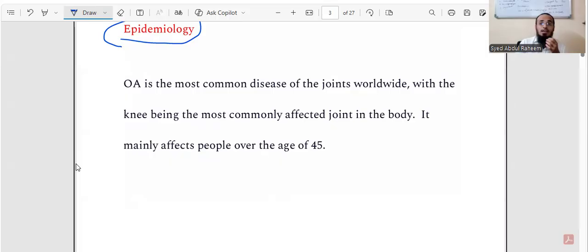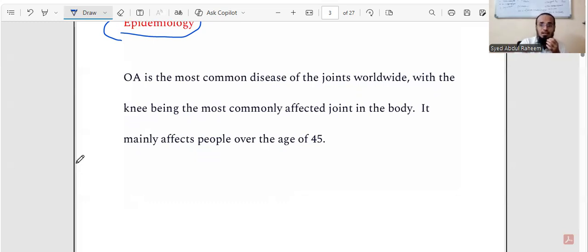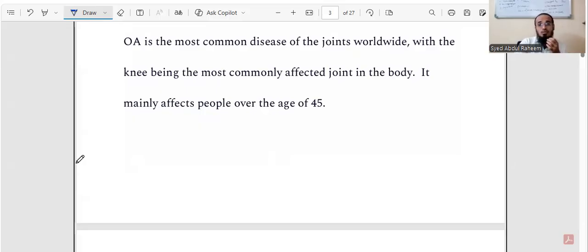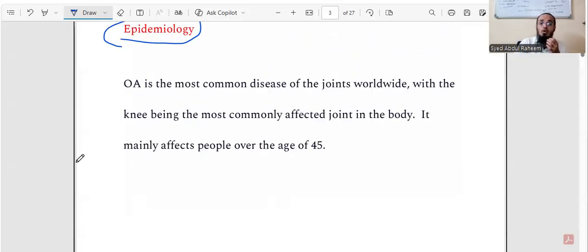The age will increase, but the condition does not affect him. After 10 years, at 55 or 60, he will get affected. So definitely everyone will get this problem, but what is important is how early or how late he gets it.